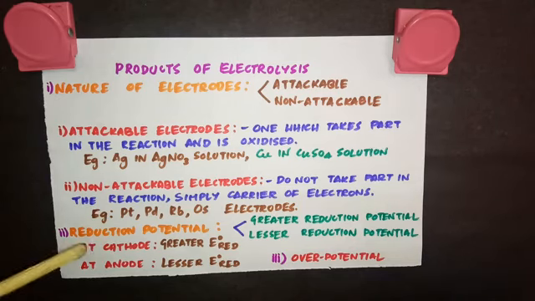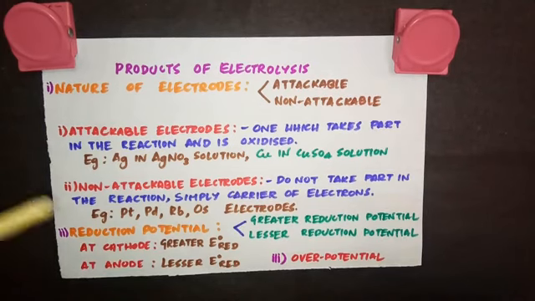And the next factor which influences the products is reduction potential. You know, at cathode, reduction happens and at anode oxidation happens. If there is a competition between two species at anode and cathode, which one will undergo reduction depends upon the E0 value.